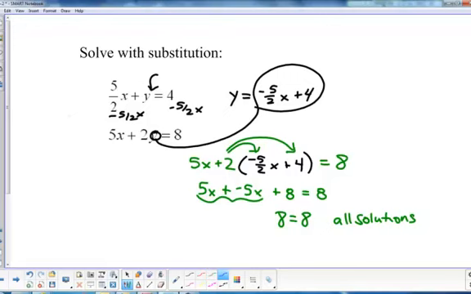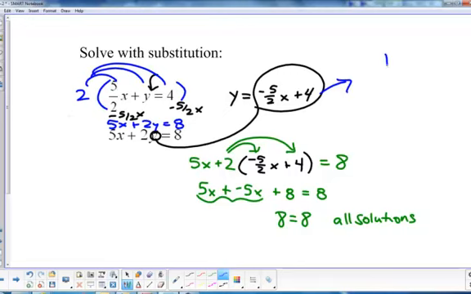And the reason that works is because if we multiply this whole thing by 2, this simplifies if we distribute the 2 to 5x plus 2y equals 8. So any ordered pair that makes x work will make y work. So it's all solutions that make that work.